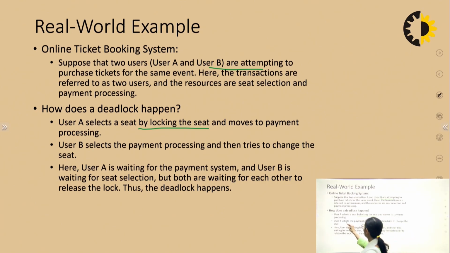User B selects the payment portal and then tries to change the seat. Then user A is waiting for the payment system and user B is waiting for the seat selection. These are two separate modules, and both are waiting for each other to release the lock, and therefore in such a situation deadlock will happen.